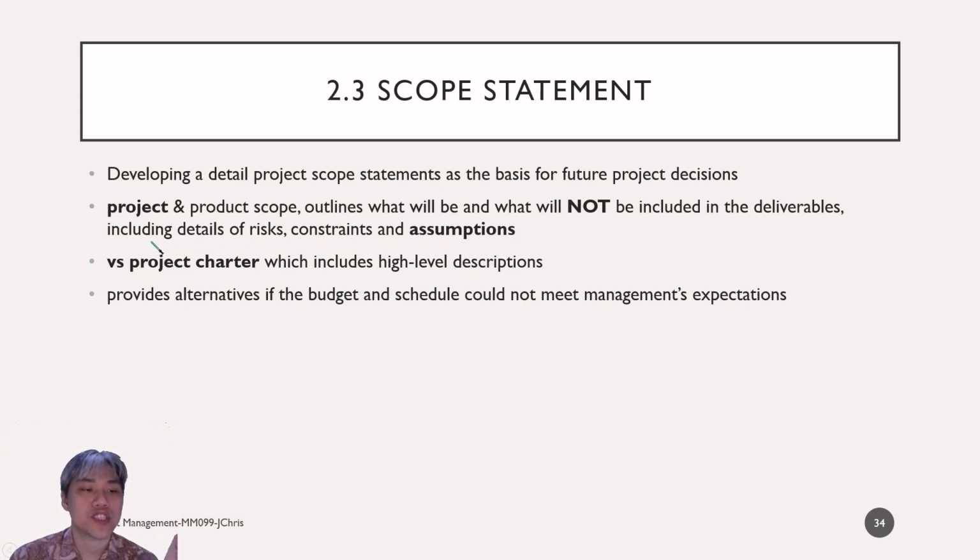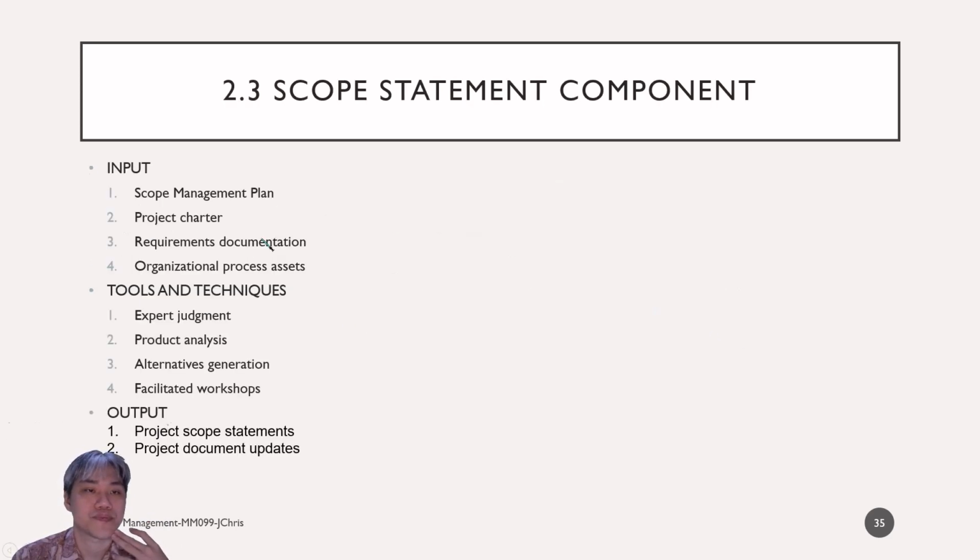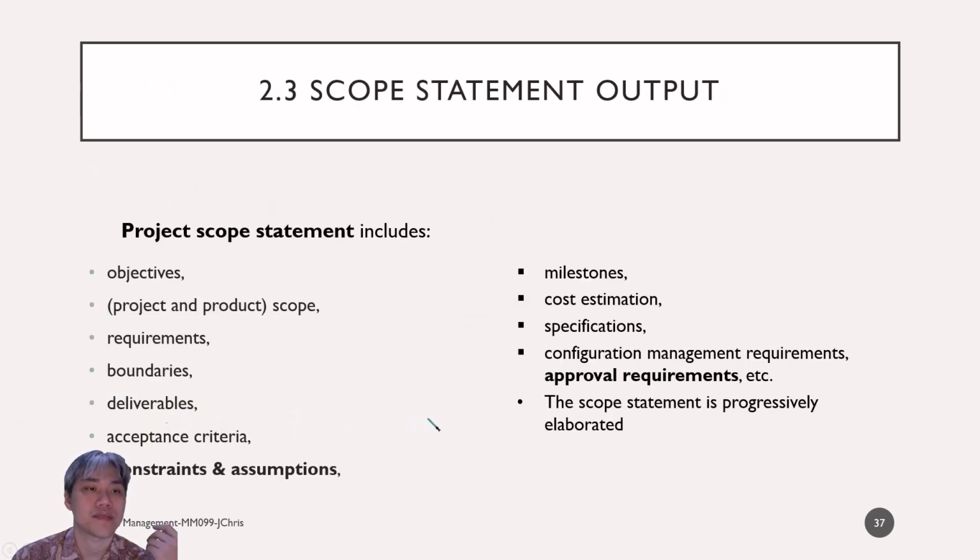Scope statement versus project charter: the charter includes high-level descriptions, while the scope statement provides alternatives if the budget and schedule cannot meet management expectations. The inputs are the scope management plan, project charter, requirements documents, and organizational process assets. Tools and techniques are expert judgment, product analysis, alternative generation, and facilitated workshops. The outputs are the project scope statement and project documents updates.